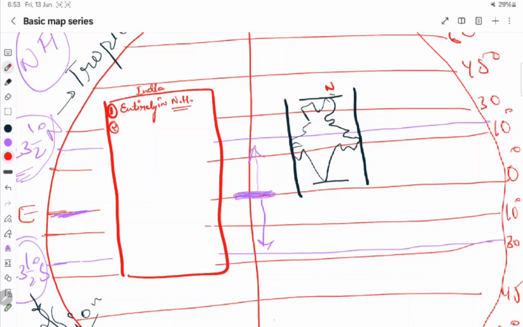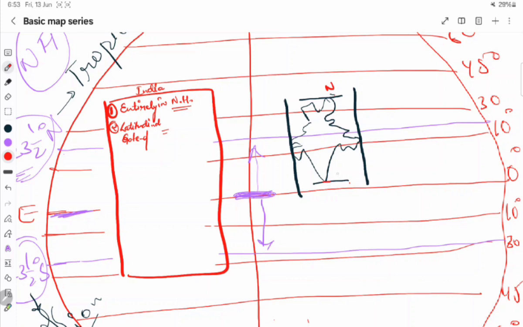Second, extension. What is the latitudinal extension? What is the longitudinal extension? Let's talk about the latitudinal extension first. From south, we'll start from here.